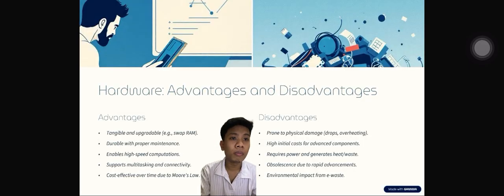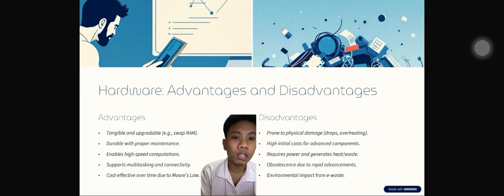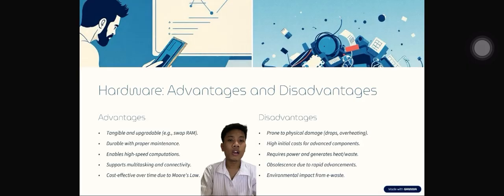And then we have advantages and disadvantages of computer hardware. First, I will read the advantages of hardware. The first one is tangible and upgradable, durable with proper maintenance, enables high-speed computation, supports multitasking and connectivity, and the last one is cost-effective over time.